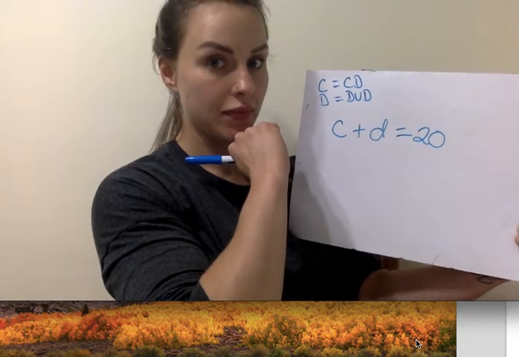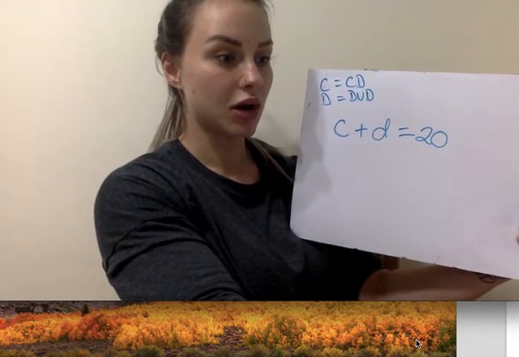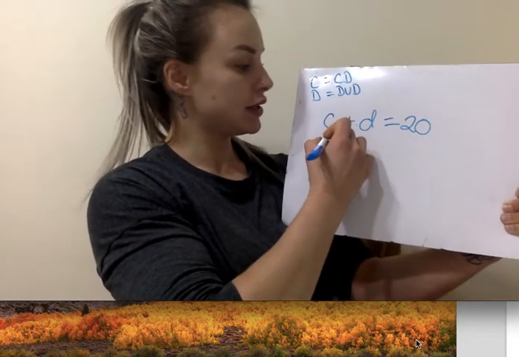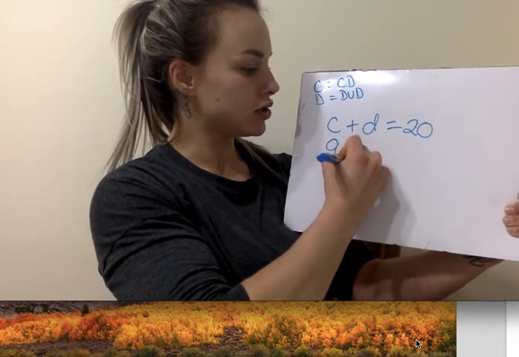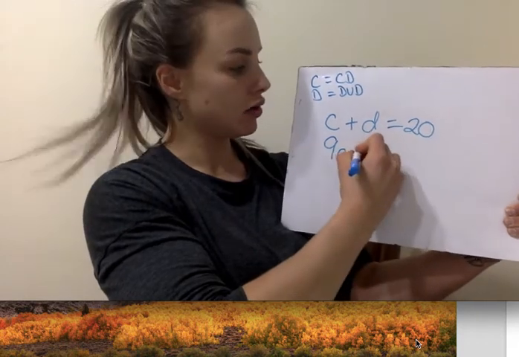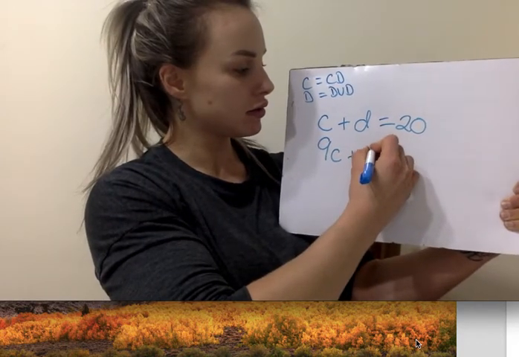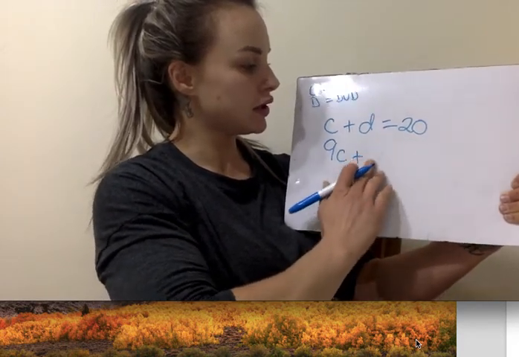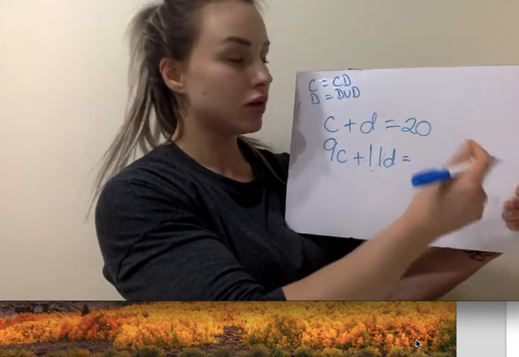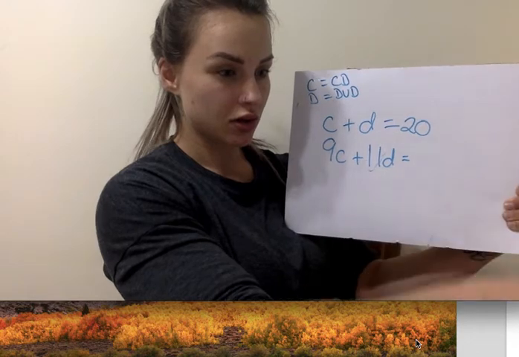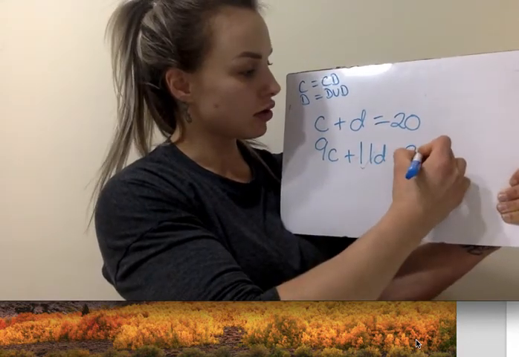And then for the second part, we know that the CDs are $9 each, and we know that the DVDs are $11 each, and we know that he sold $204 worth.